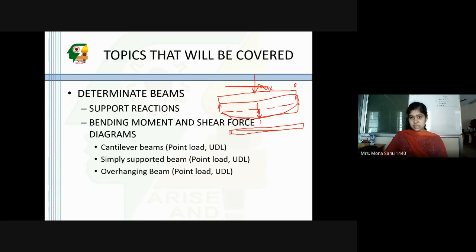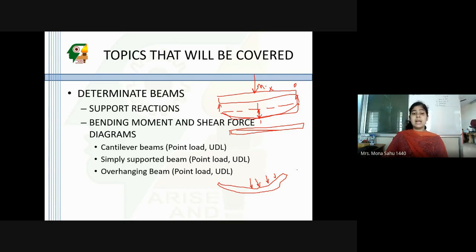So if you notice here, the bending moment is varying. I'll just draw a better diagram. The beam is going to bend like this. The bending moment is varying throughout the length of the beam.